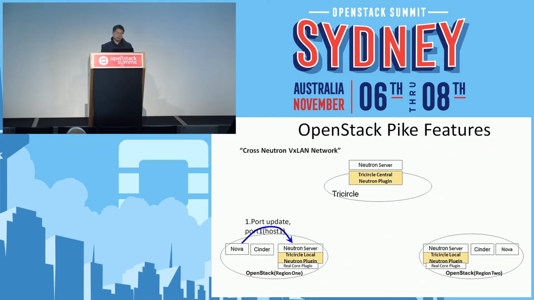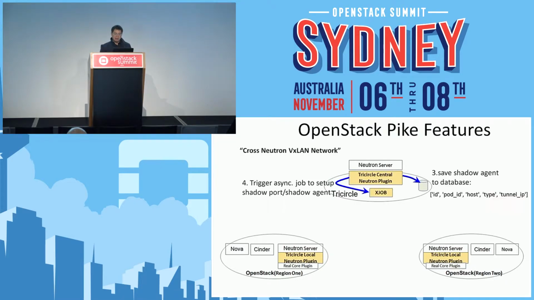When a port is updated with host information in one local Neutron, the local plug-in will call the central Neutron server API to update the port with the host tunnel IP information. And the central Neutron plug-in will save the shadow agent information to the database in the central Neutron.